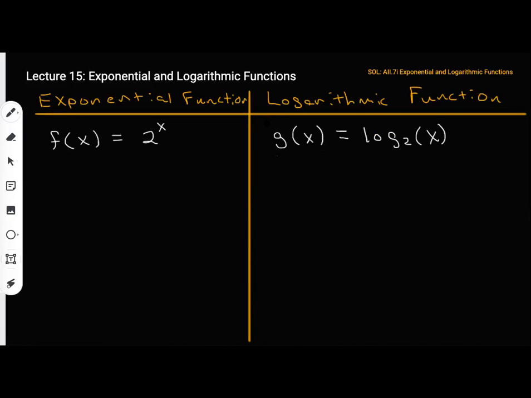Okay. Let's start off with the exponential function. And what I'm going to do is I'm going to draw a chart. And I'm going to put all the x values on the left side. So put an x right there, and all the y values are going to be placed on the right side.